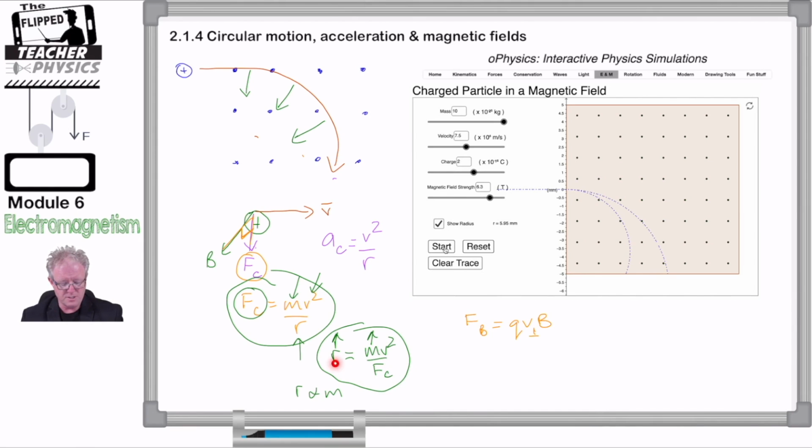So if we increase the radius, that means the mass was increased because we changed the mass, but the centripetal force would have had to decrease. And that makes sense, because if you decrease the centripetal force, that is the force acting on the particle to change its direction, that means it takes longer to take a curve, which means its radius increases. And that's what we saw.